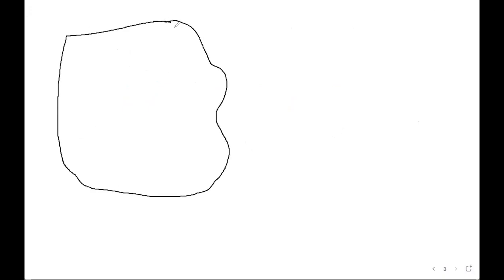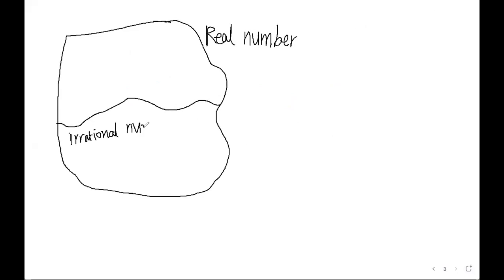So now let's go to the diagram. Suppose I have something like that. This is called the real numbers. Inside this diagram, we separate it in half. This set is called irrational, and this set here is called rational.